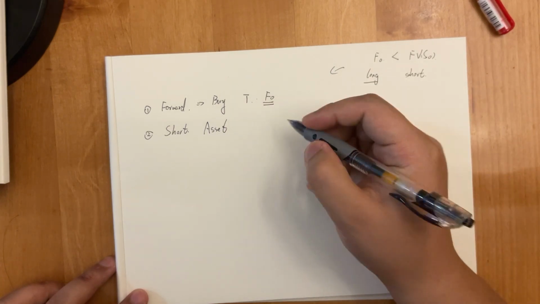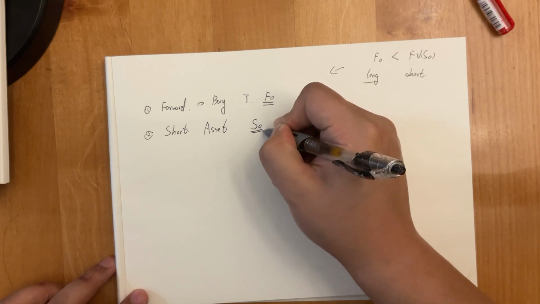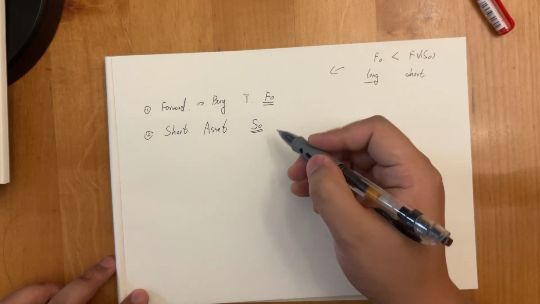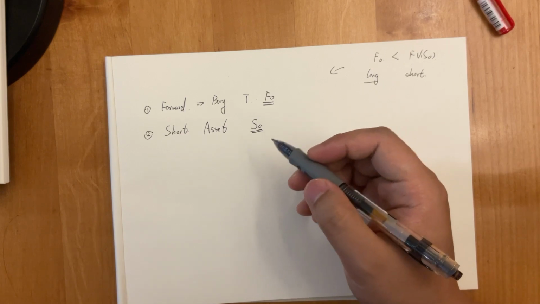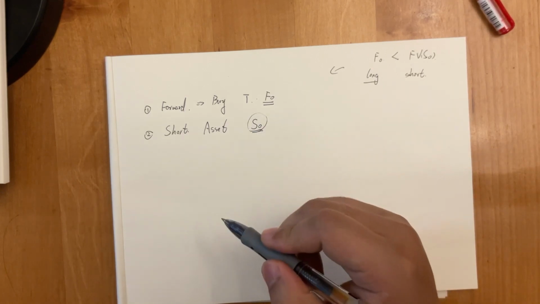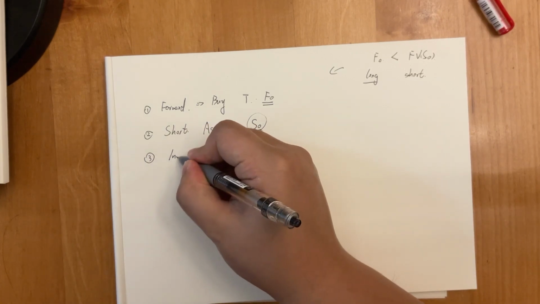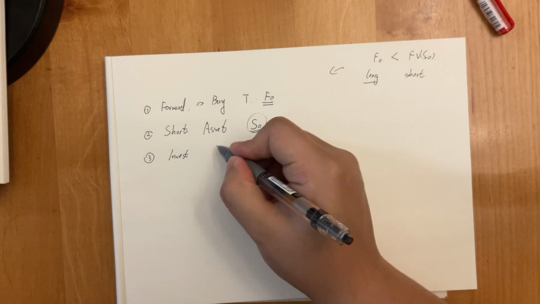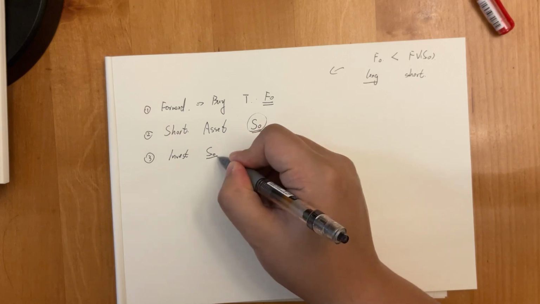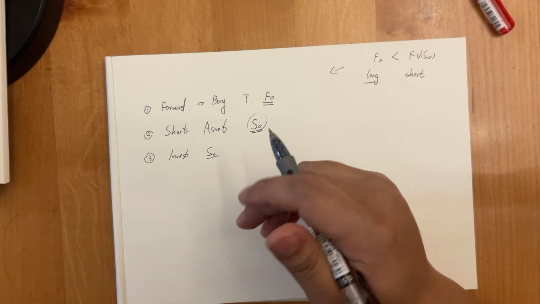So once you short assets, you get that amount of money, because you sell that at the market. So you get this amount of money right now, and then you invest this amount of money into some risk-free assets.